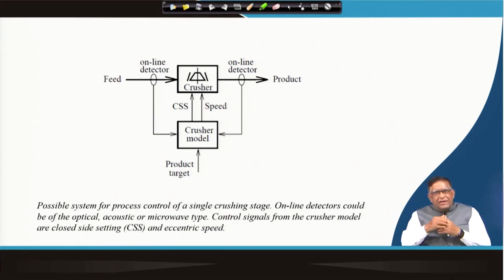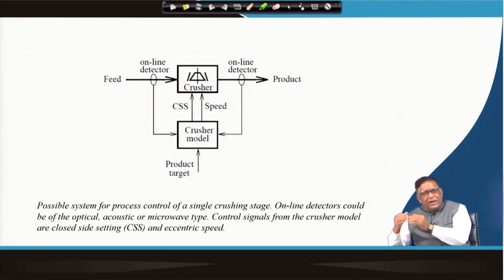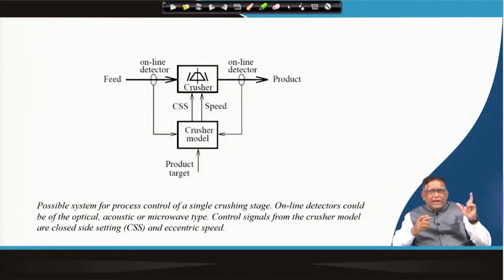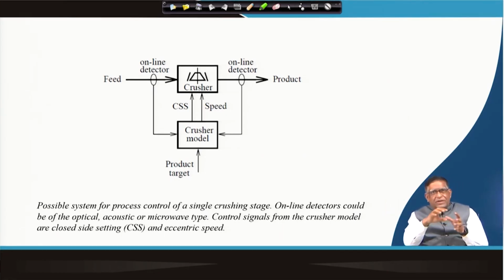You have studied Rittinger's formula and all that: when material is crushed, more surface area and more volume are created. But we know that the weight will remain the same, so by a study we can find a correlation. If a certain amount of crushing is happening, the same material will have to go, but from how much the volume has increased, you will know exactly how much size reduction has taken place. So your data has to be collected from the system.